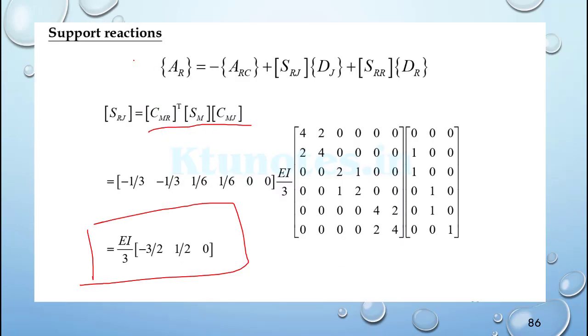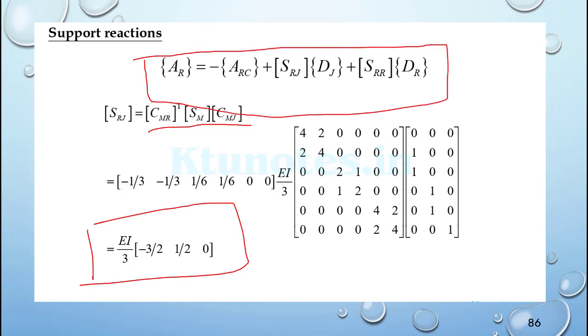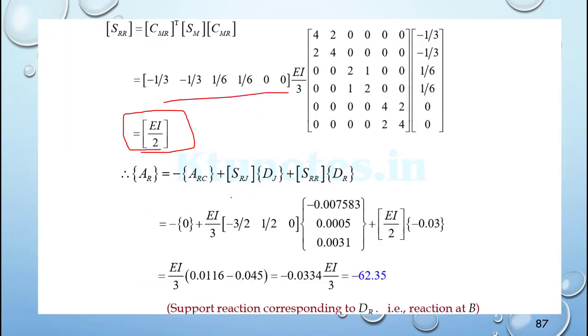Then we have Ar is equal to minus Arc plus Srj. So those things are applied in the equation to get the value of Ar, which is equal to minus 62.35, which is the support reaction corresponding to the Dr. That is the reaction at the B.